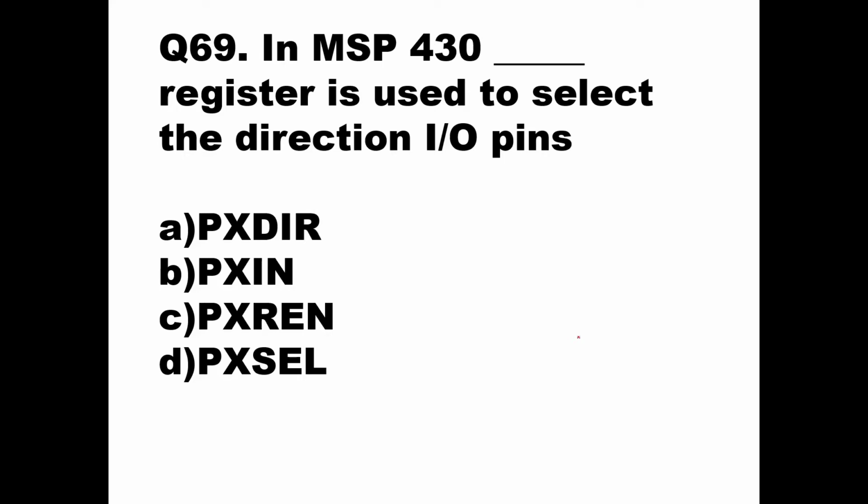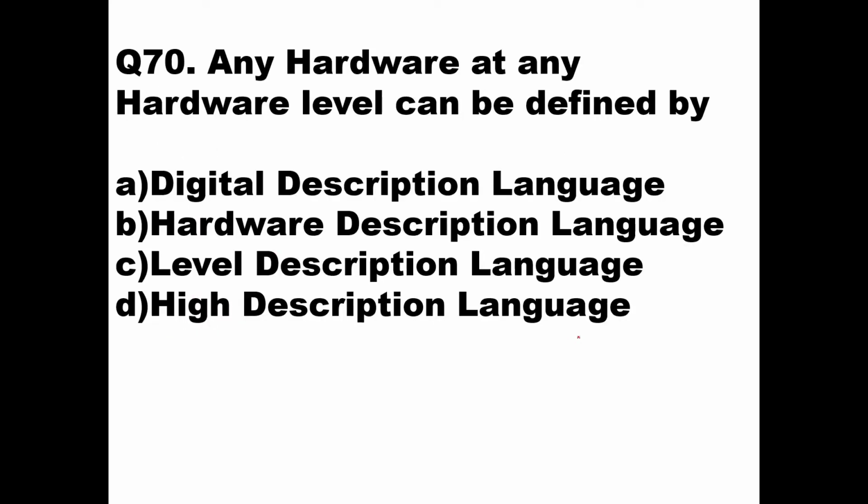If you want port 1, it will be P1DIR. If you want port 2, it will be P2DIR. If you want port 3, it will be P3DIR. So as a general thing, PXDIR will be the answer here, which is the register used to select the direction of IO pins. Then we'll go to the next question.